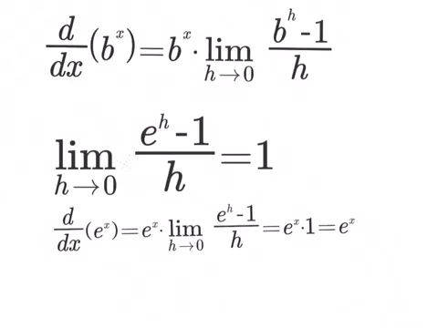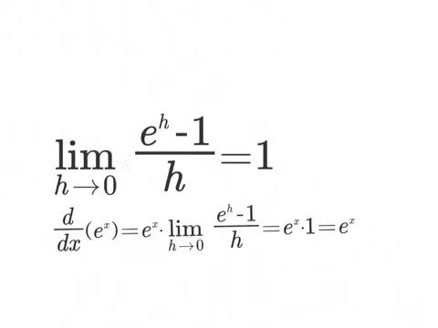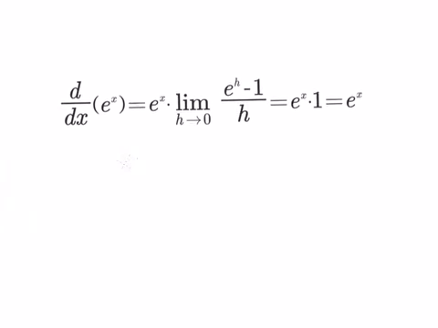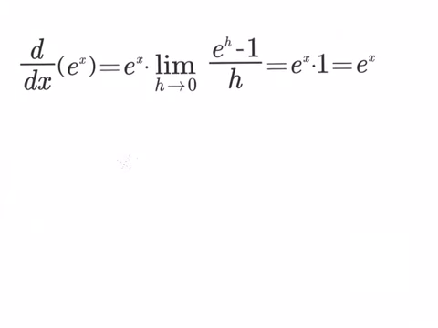And therefore, this is going to be the case: the derivative of e to the x will equal e to the x times that limit, but since we know that limit is 1, the derivative of e to the x is e to the x. So e is the number. We've defined e as the special number which makes this true. There is going to be some base where the derivative is going to equal itself, and we're going to let that be e. We're going to define e to be that number.